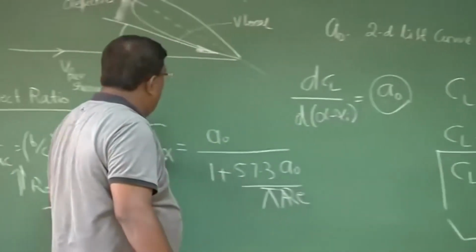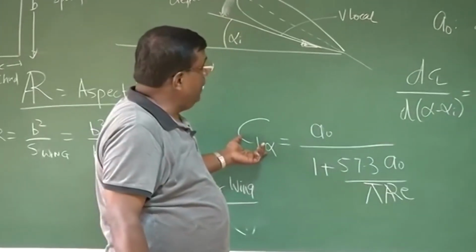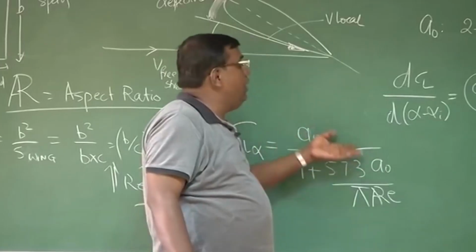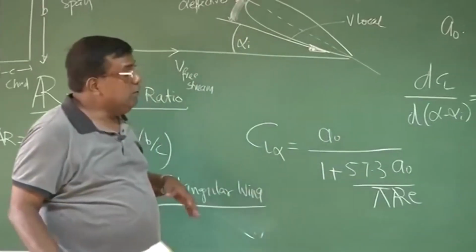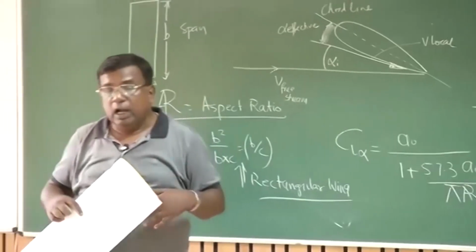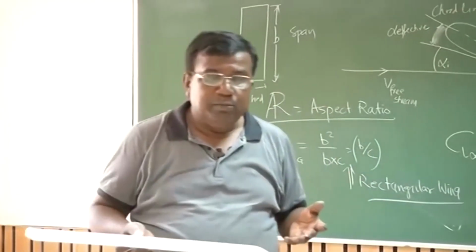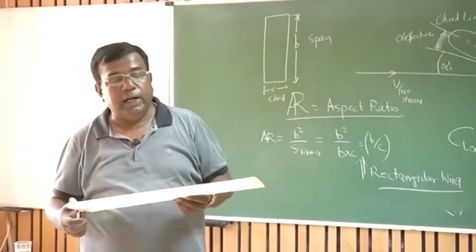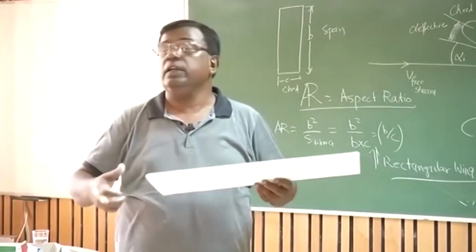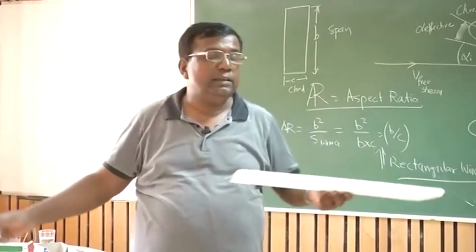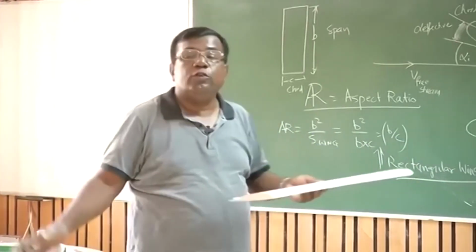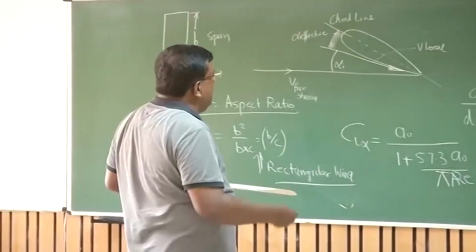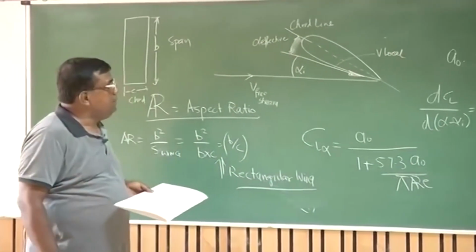Or the CL alpha of the whole wing will be the same as the CL alpha of the aerofoil. That is, it will now behave like a 2D. So if you want to get a larger CL alpha, it is better to have a larger aspect ratio. But there is a problem with larger aspect ratio. One of the problems is, if it is a very large aspect ratio wing, how do you balance the weight of the wing? And there are other issues that will come as we progress, you'll understand.